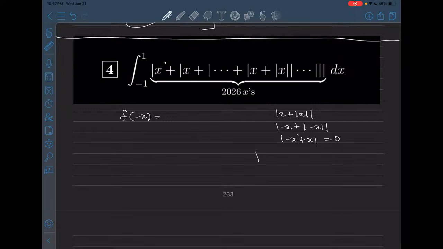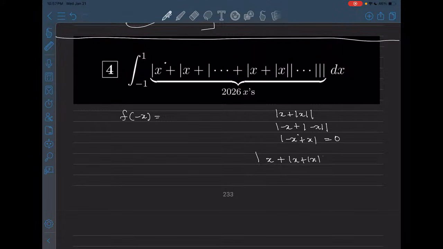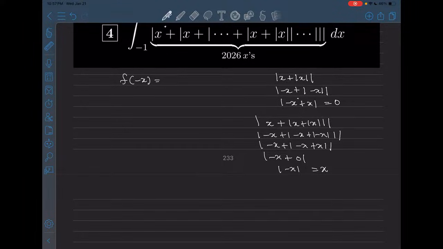Okay, so if I have, let's say, three of them, and I plug in -x, this will be -x plus -x plus the modulus of -x, which is x, right? So this is -x plus -x plus x, so this is -x plus 0, and the whole thing is just x.